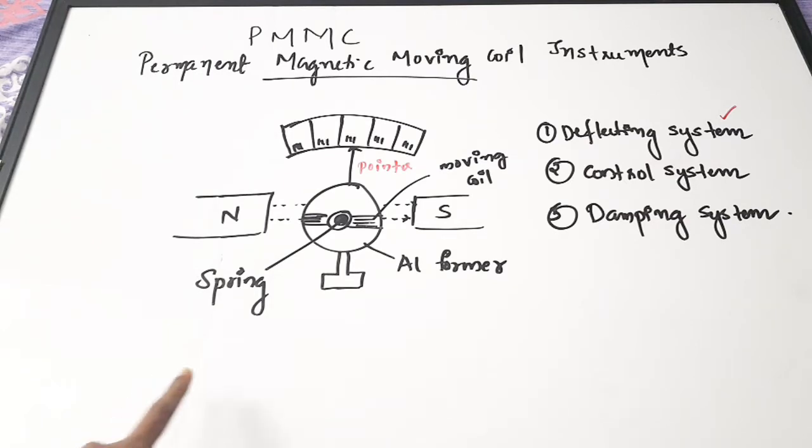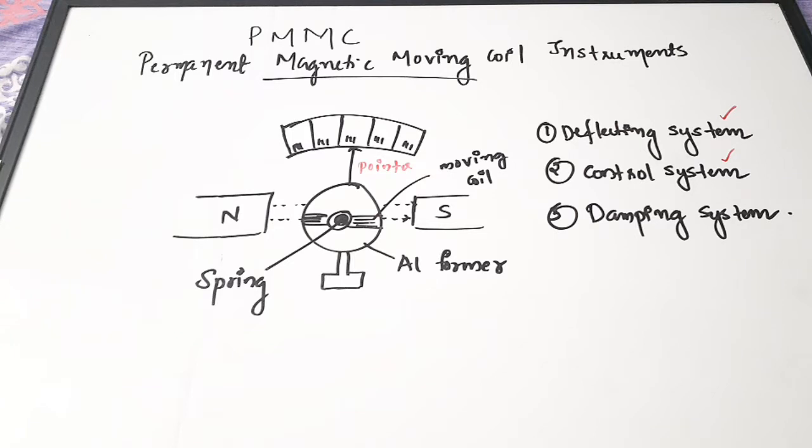The spring will provide the necessary control, that is, the control torque is provided with the help of spring control. We will be deriving the equation for torque, and then you will get a clearer picture. Just know that here the controlling is given with the help of a spring. That is the second system.